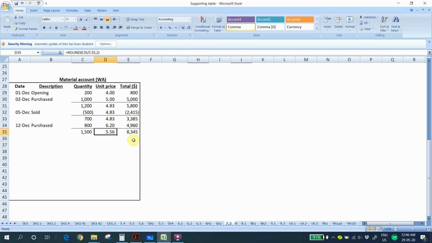You may get a small difference from my computation because I'm using Excel, so you just follow this value. A small difference is acceptable. If the difference is due to rounding issue, that will not be a problem when I mark your exam paper. So don't be so particular on the minor amount.